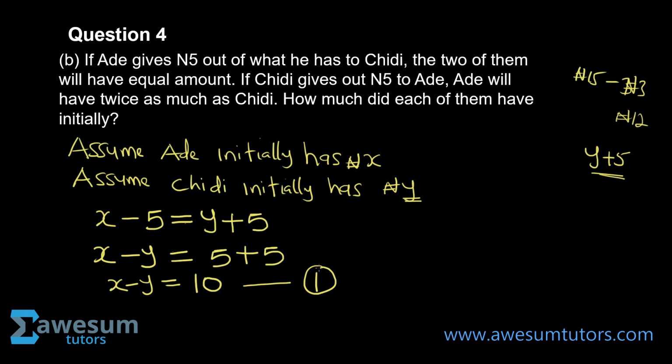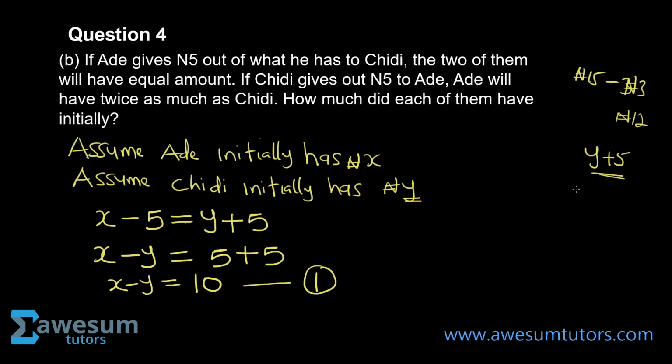Now let us take a look at the next statement. It says if Chidi gives out 5 naira to Ade, remember Chidi initially has Y. What about if he gives out 5 naira to Ade?